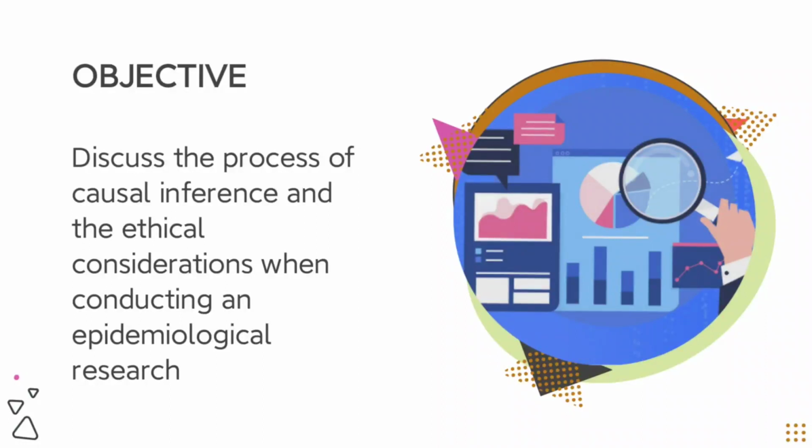So we can divide the objective of our discussion today into six. Number one, discuss the elements of research ethics. The second one is to describe the elements of an informed consent. Okay? Discuss the ethical guidelines specific for epidemiological research.